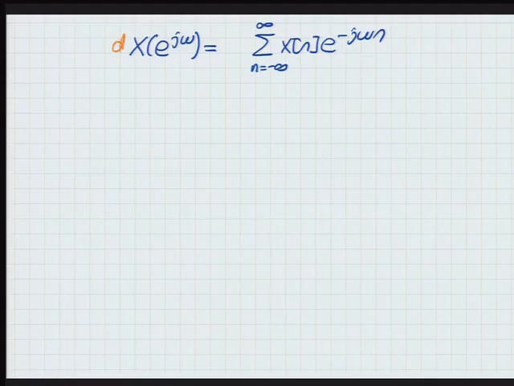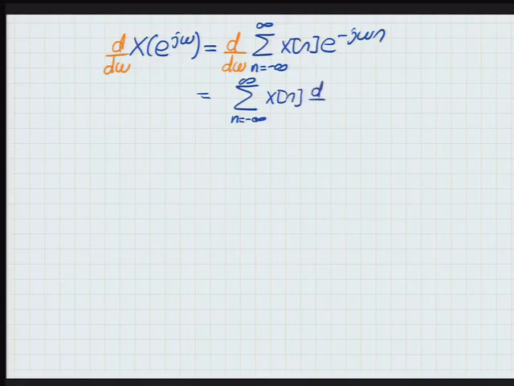So d by d omega of this is going to be d by d omega of this, right? Okay. But d by d omega, I can put inside the summation. So that basically makes the right-hand side equal to the sum over n, x of n, d by d omega, e to the negative j omega n.